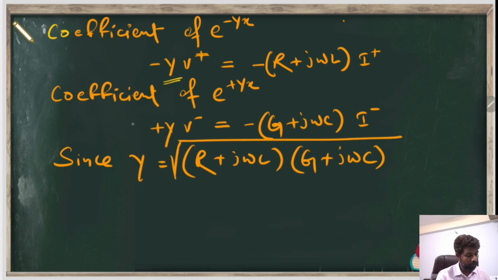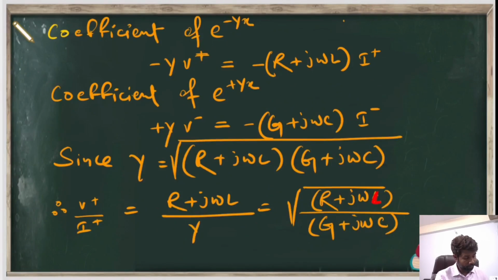Similarly, if you equate the coefficient of the backward traveling wave, e to the power plus gamma x, then plus gamma v minus is equal to minus g plus j omega c. We know that gamma is equal to the square root of r plus j omega l into g plus j omega c. If you calculate the ratio of voltage to current for the forward traveling wave, this is equal to r plus j omega l upon gamma.